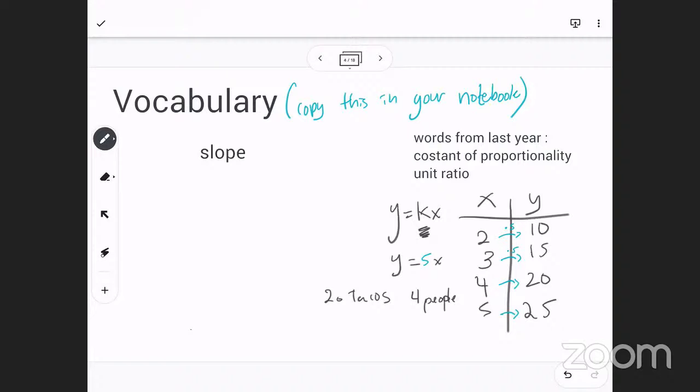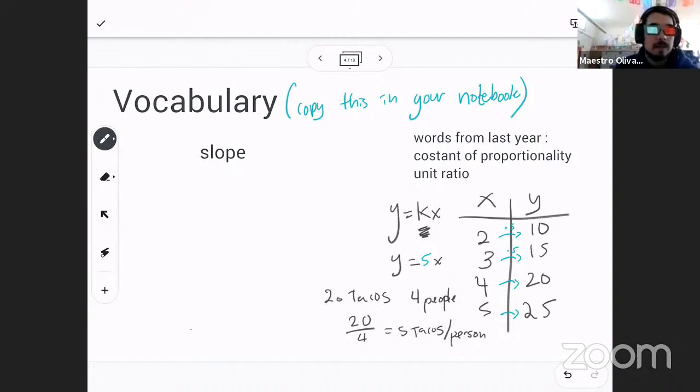Well, 20 divided by 4 equals 5 tacos per person. Each person will eat 5 tacos. And it's a unit ratio because it's a unit: one person, 5 tacos per person.